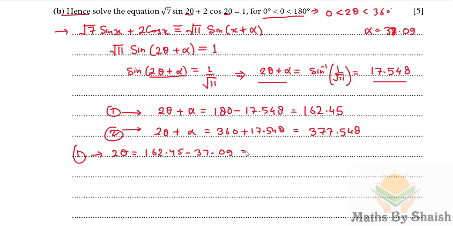162.45 minus 37.09 is, from calculator, coming 125.36. We write our answer to 1 decimal place in the degree case, so it is 125.4 degrees, and hence we get theta as 125 divided by 2, it is coming 62.68, so it means 62.7.